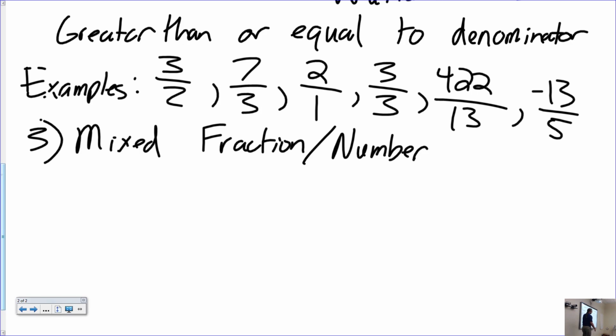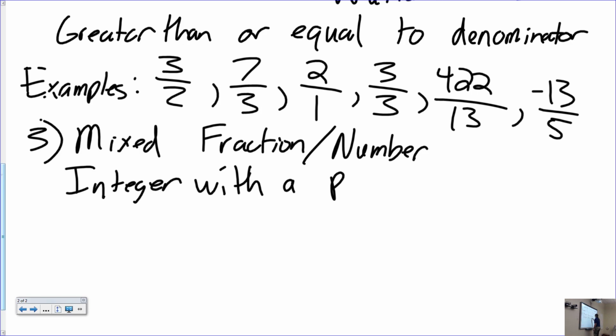And the key to dealing with mixed fractions, folks, I should be careful. This is an integer with a proper fraction. So when a number is mixed, you will have potentially a whole number and a proper fraction to go with it.